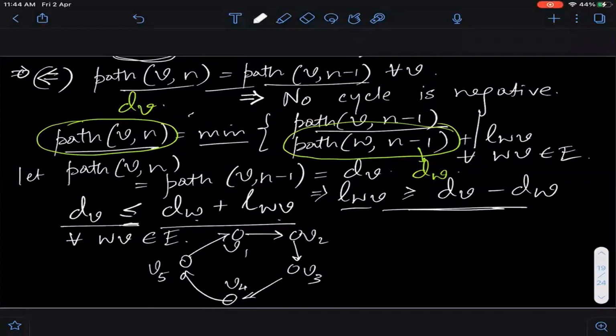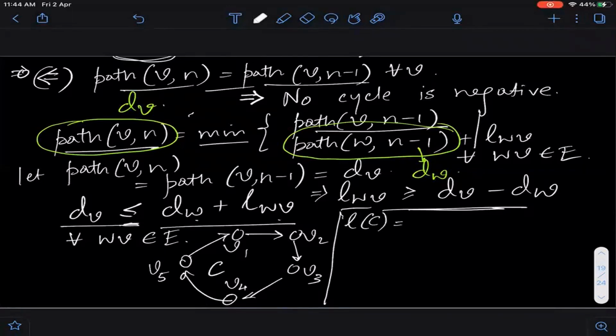So what is the total length of this cycle? अगर ये cycle C है, what is L of C? Well, the L of C is just the sum of the edges, right?